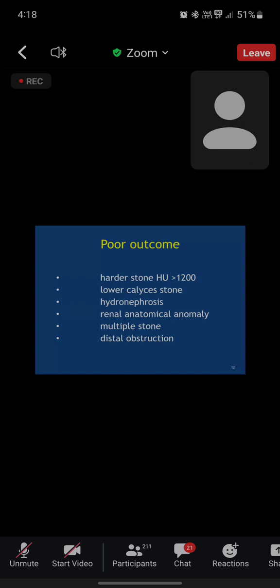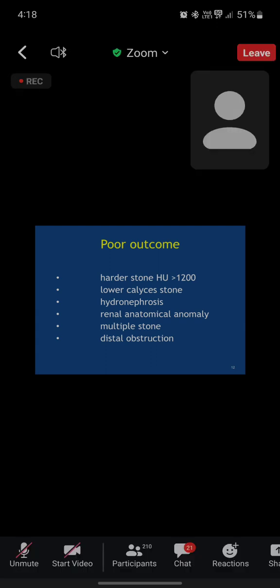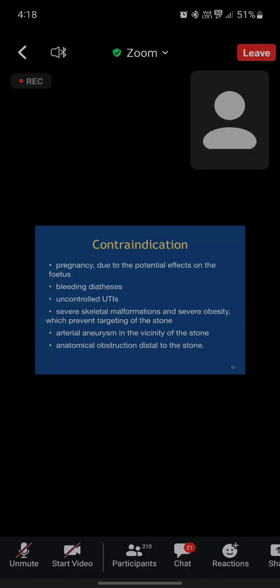Hydronephrosis: when there is hydronephrosis, it's very difficult to localize the stone and vibrate it with the shock wave, because the stone will start moving in the hydronephrotic kidney and it will not be possible to break the stone. Renal anatomical anomalies like PUJ obstruction, horseshoe kidney, pelvic ectopic kidneys, multiple stones, or distal obstruction like ureteric stone or ureteric stricture.